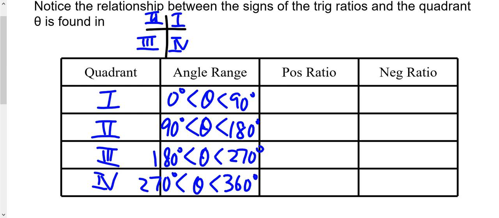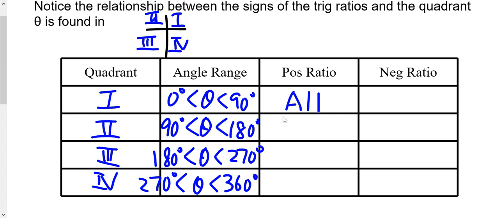Now I hope by looking at the examples you figure out there is something interesting. Which trig ratio or ratios would be positive in quadrant 1? All of them.